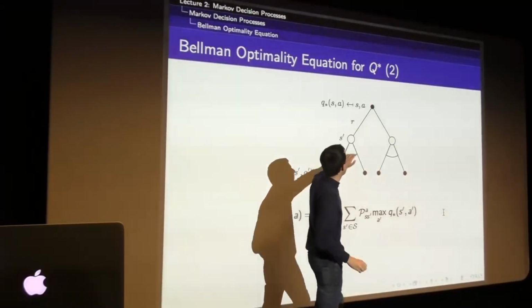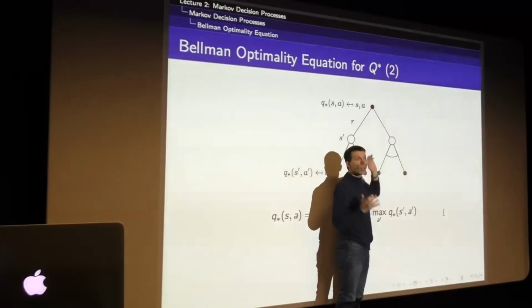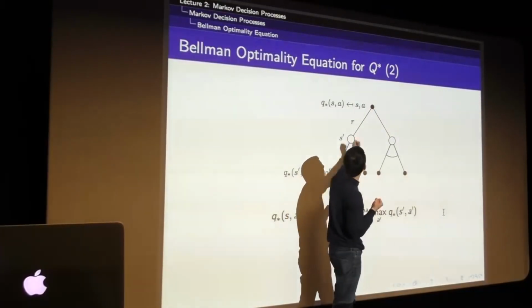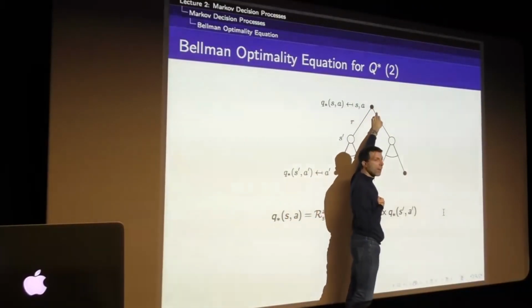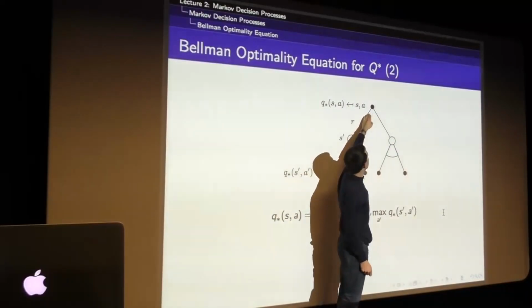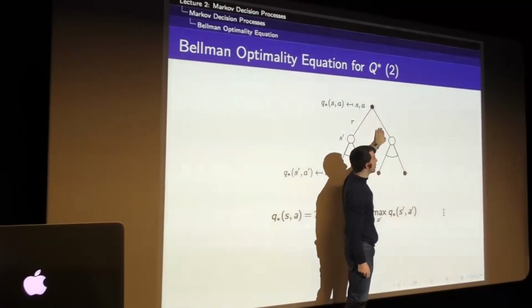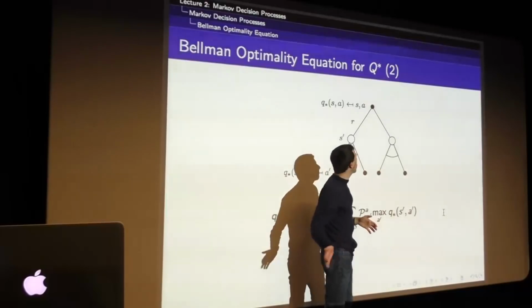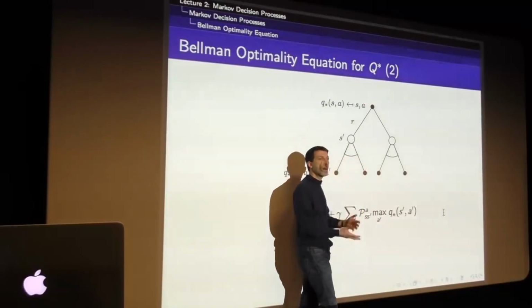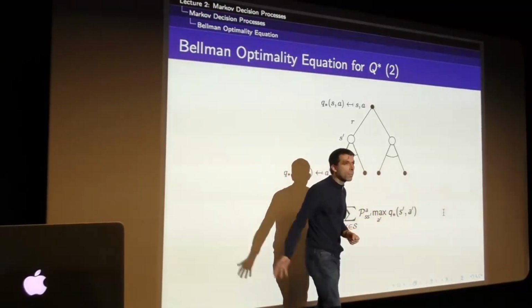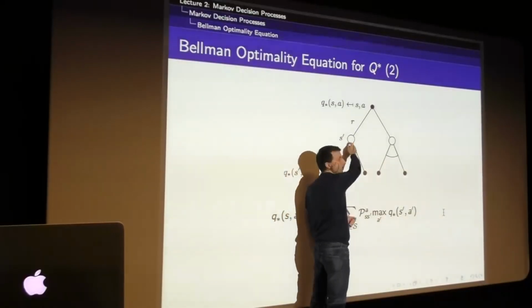The reordering tells us that if we want to know how good is one of these arcs, like how good is it to be in a particular state and take a particular action, we first consider where the wind will blow us. We average over the dice which the environment's rolling, and wherever the dice roll, we get to make a decision.